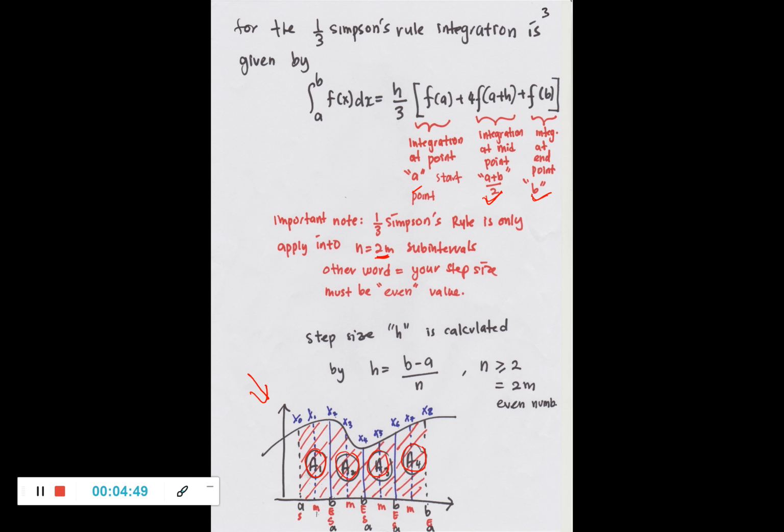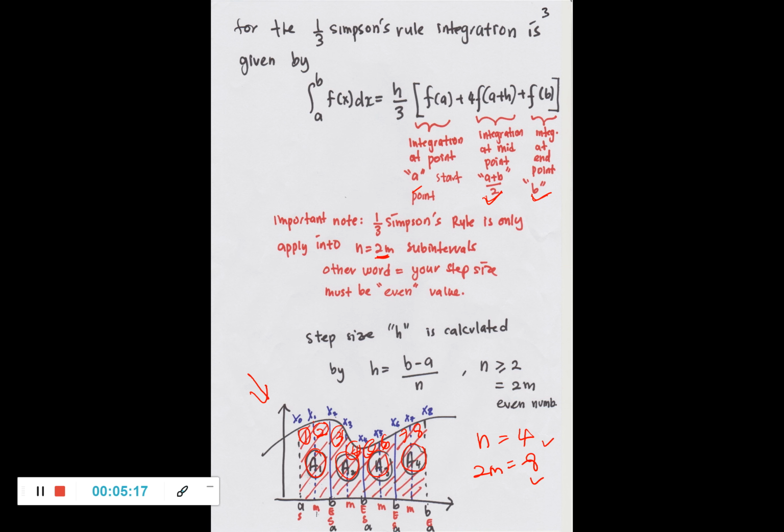Maksudnya subsegmen is yang divide by you punya midpoint. So dalam case ini, my subsegment is 1, 2, 3, 4, 5, 6, 7 and 8. So, saya punya segment value ada 4. Saya punya subsegment is 8.